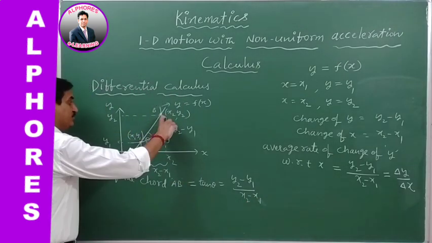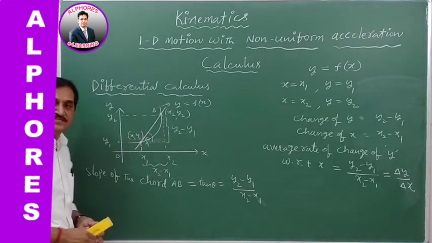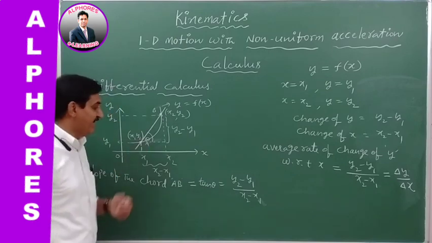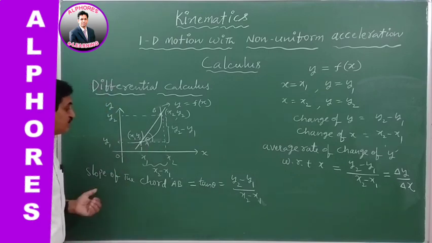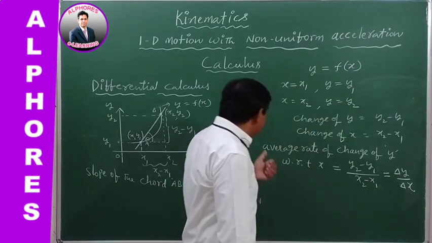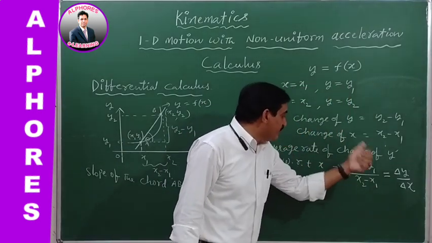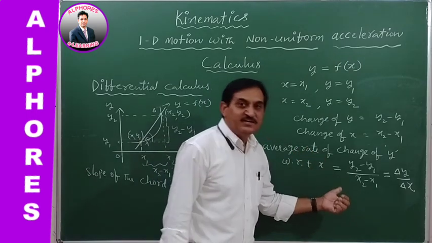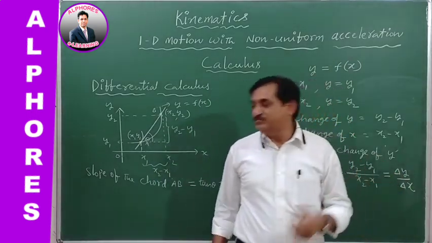See here, opposite side by adjacent side, which is giving the slope from this triangle. So the slope of the chord AB is indirectly the average rate of change of y with respect to x.